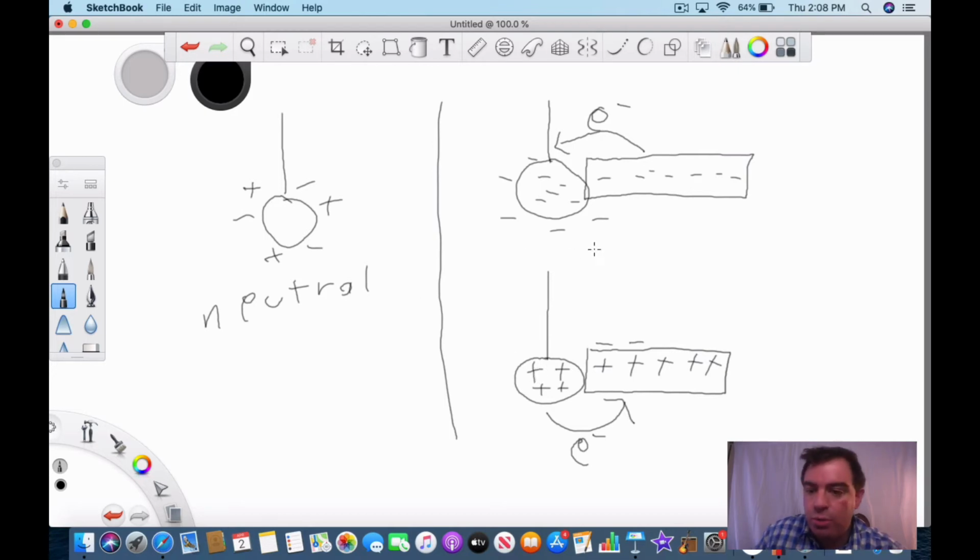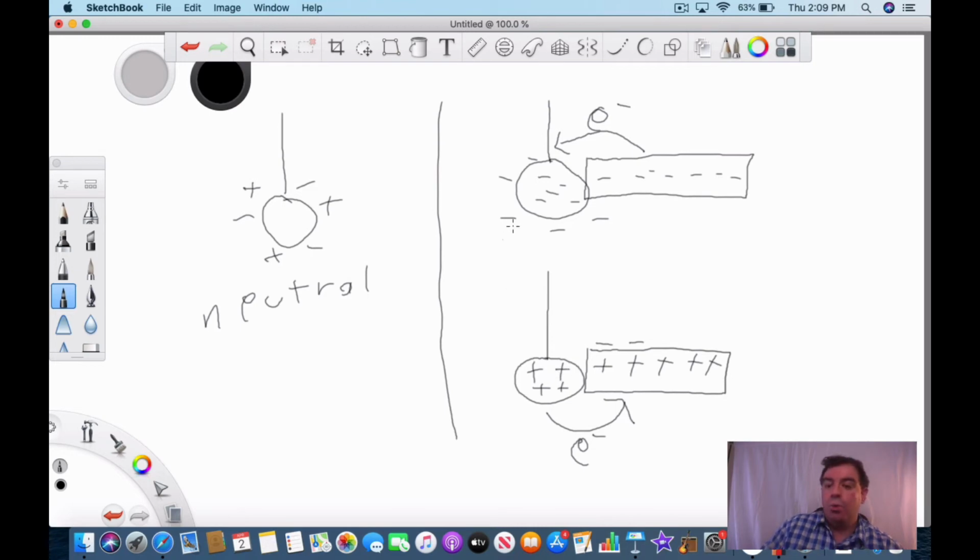So what do you notice over here? As a good rule of thumb, whatever the charge of the charged object is, when we touch a neutral object, it is going to charge that object with the same charge. For example, over here the lucite rod was negative, it touched the pith ball and made it negative. Over here it was positive, it touched the pith ball and made it positive.